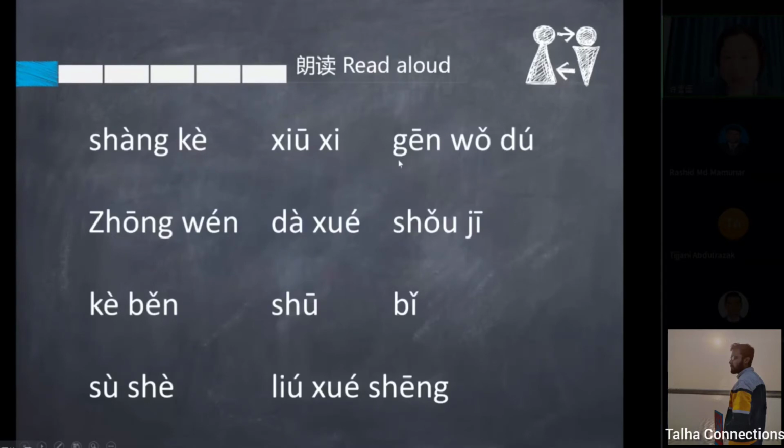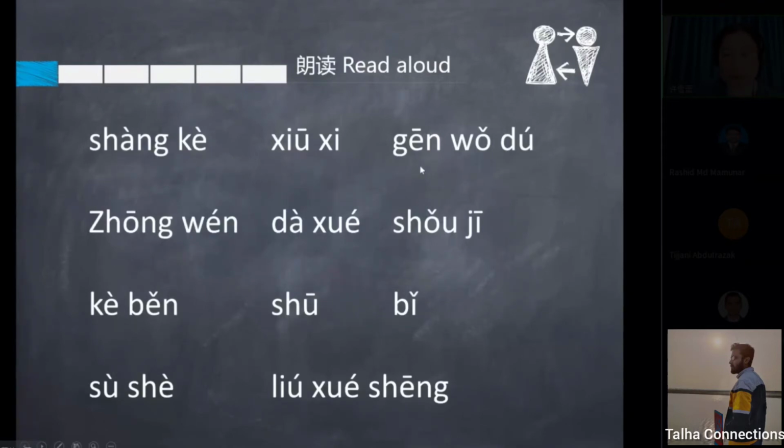Now, next one. 跟我读，跟我读. Actually, it is also a very useful expression in class. 跟我读 means read after me.